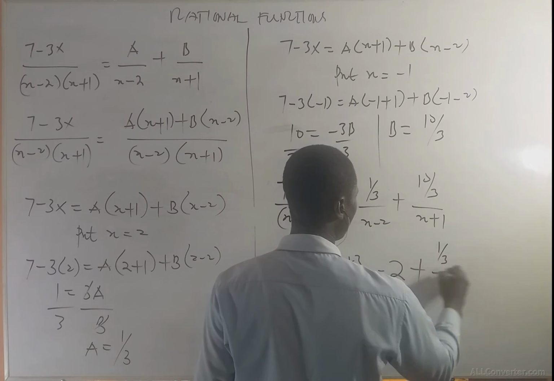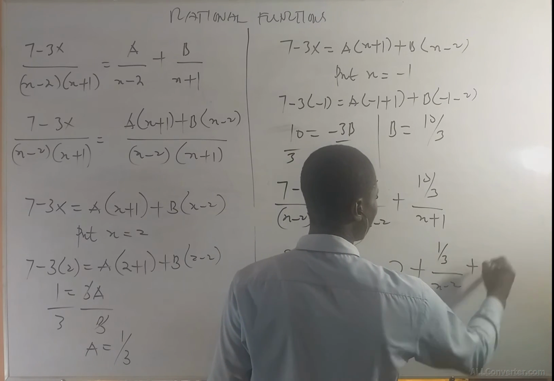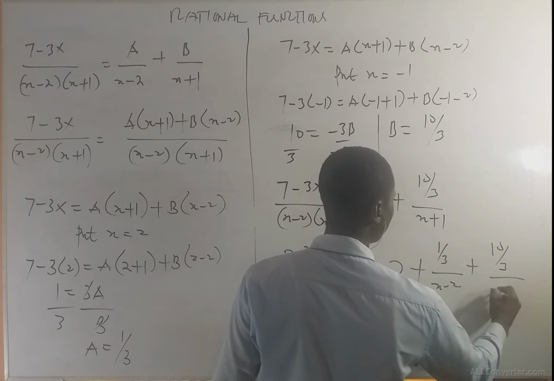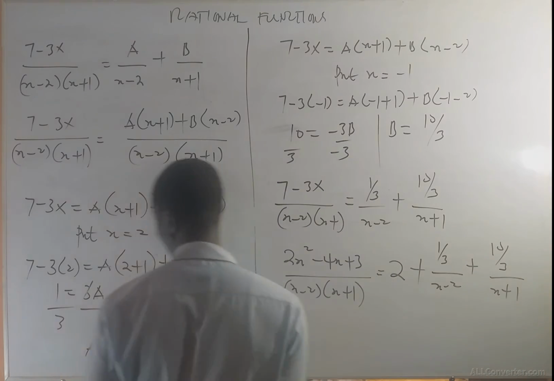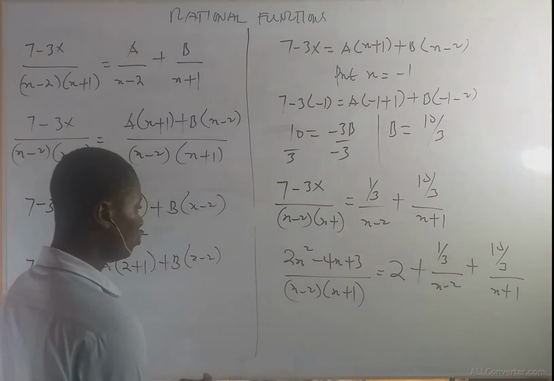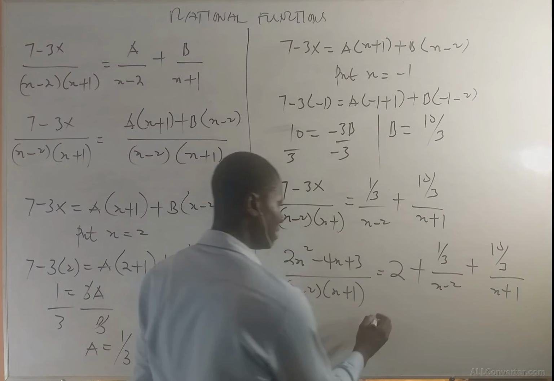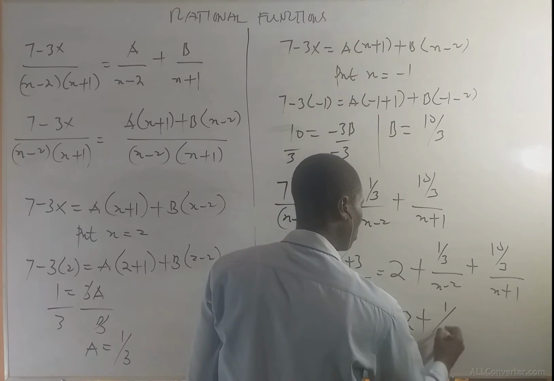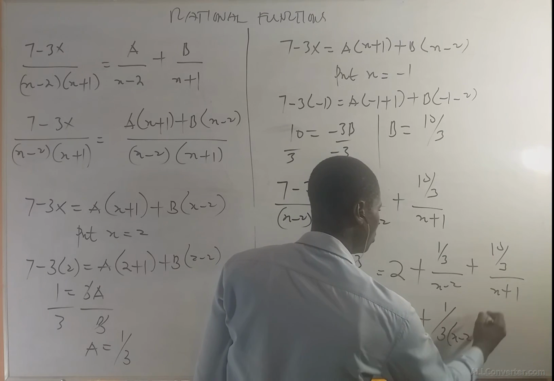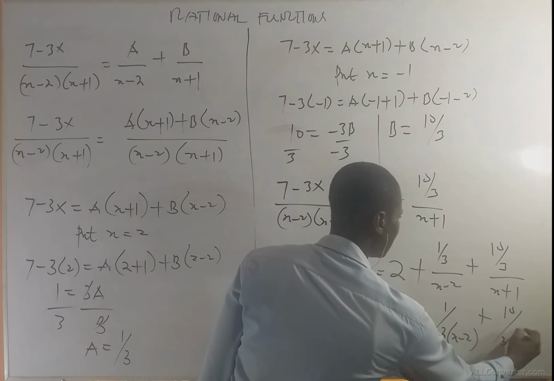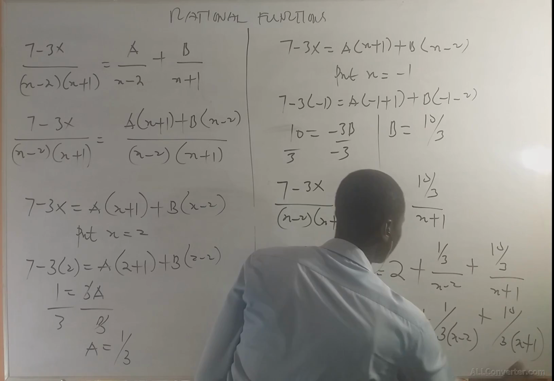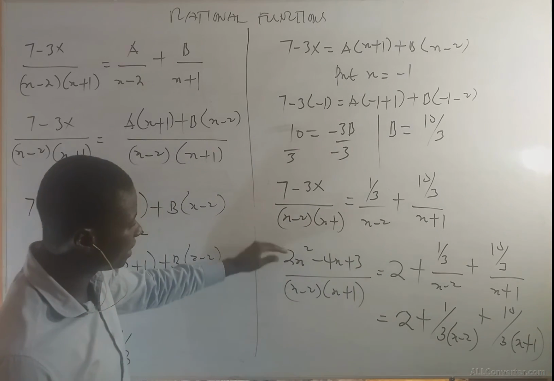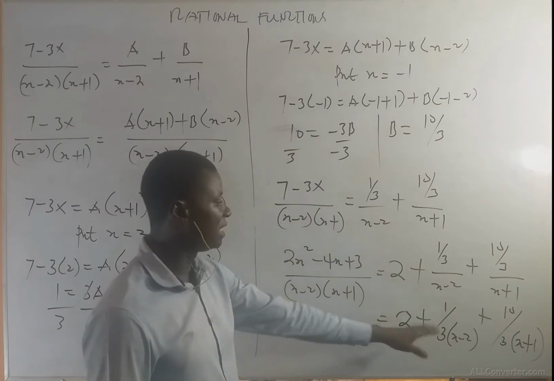So this will be 1/3 over x minus 2 plus 10 over 3, all by x plus 1. So this is the partial fraction. This is how we express this in partial fraction. And this can be simplified further as 2 plus 1 on 3 times x minus 2 plus 10 on 3 times x plus 1. So when we are asked to express this in partial fraction, this is the final answer.